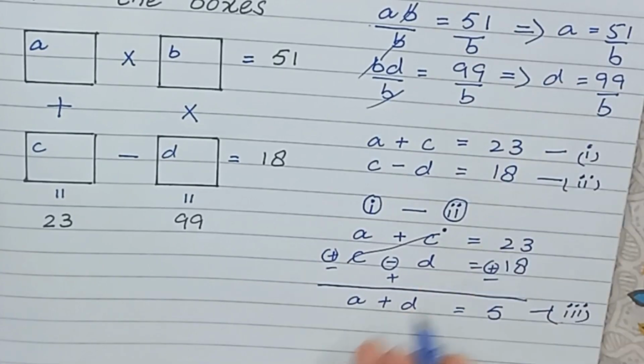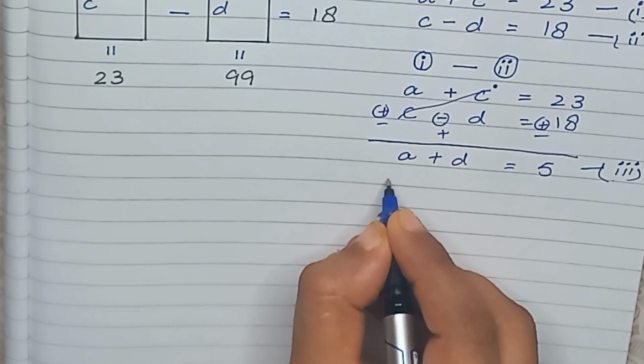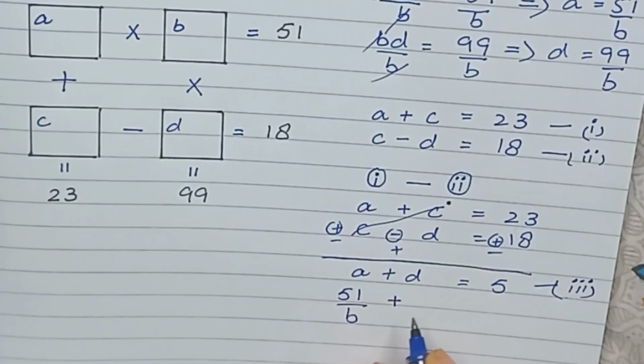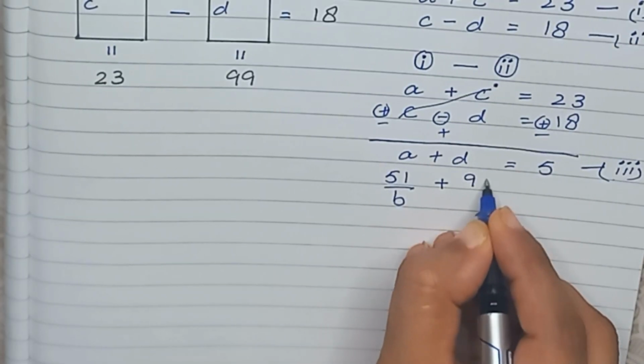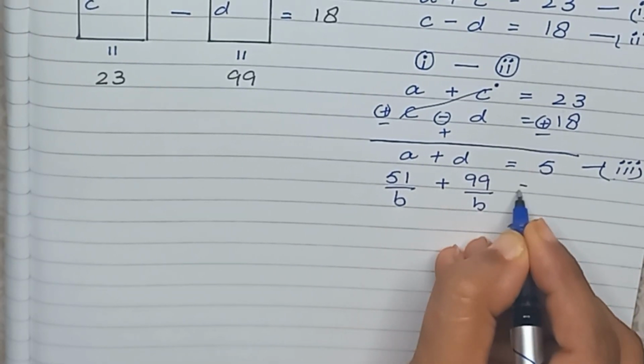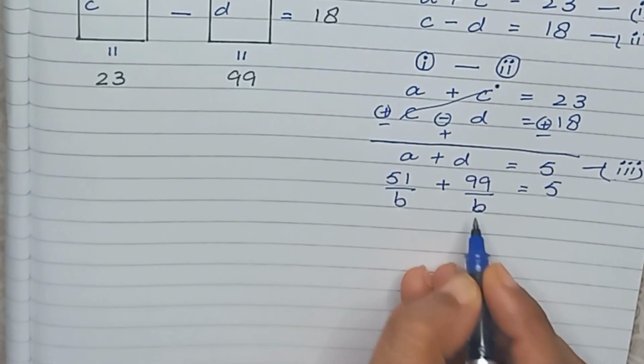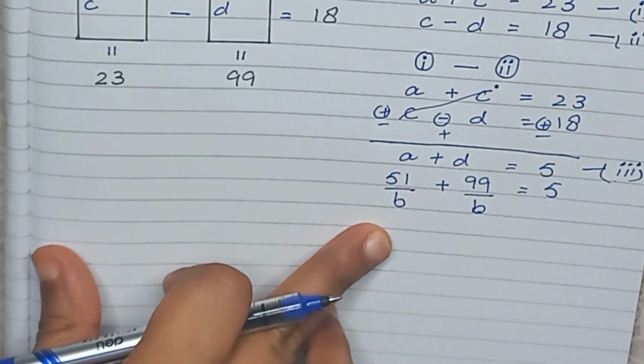So A is equal to 51 divided by B plus D is equal to 99 divided by B, which is equal to 5. Now here we have only one variable, which is B, so we can find the value of B easily.